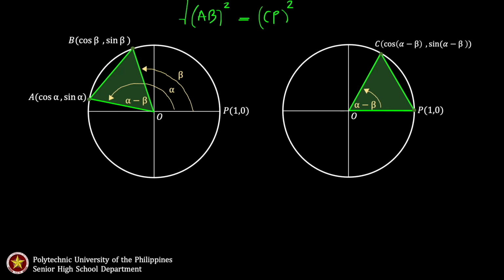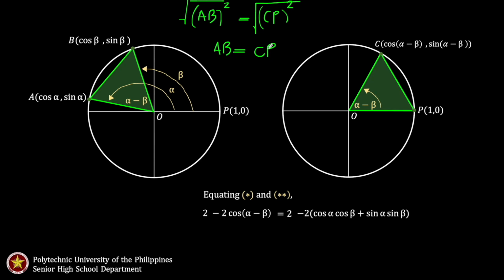Now extracting the square root of both sides, we will have AB is equal to CP, right? Or equating single star and double star, we will have 2 minus 2 cosine of alpha minus beta equals 2 minus 2 times the quantity cosine alpha times cosine beta plus sine alpha times sine beta.